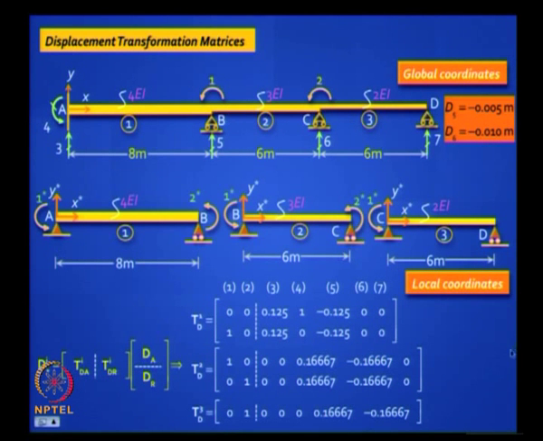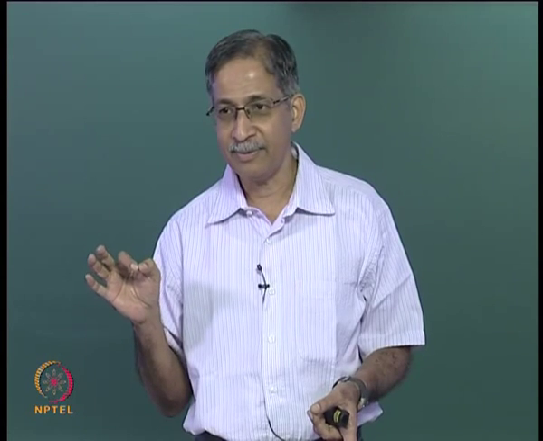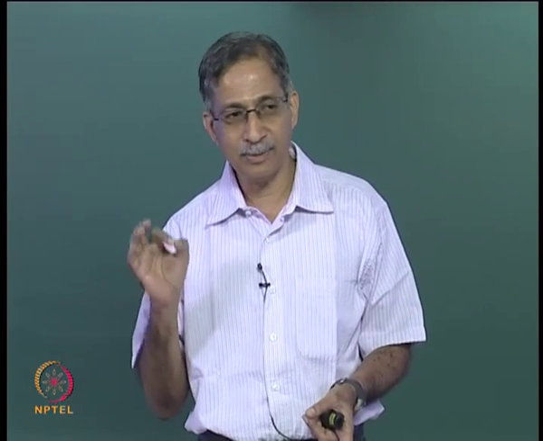That's why in the last row you have minus 0.1667, but all the others are 0. Is it clear? Can you all do this correctly without making any mistake? Do you have any doubts on this? This is the first step. If you get it right, you will get everything right.